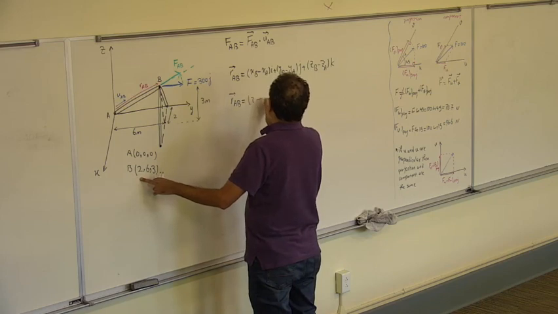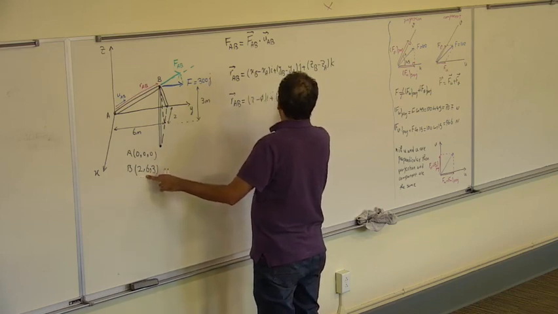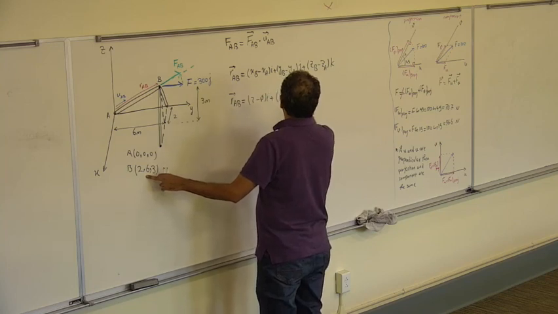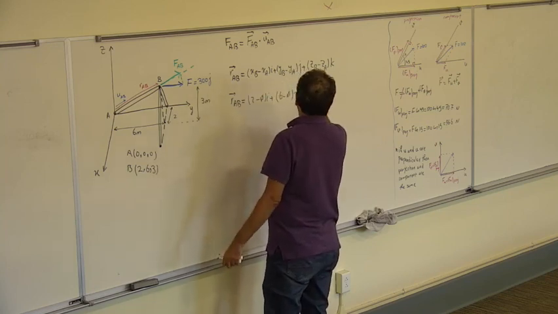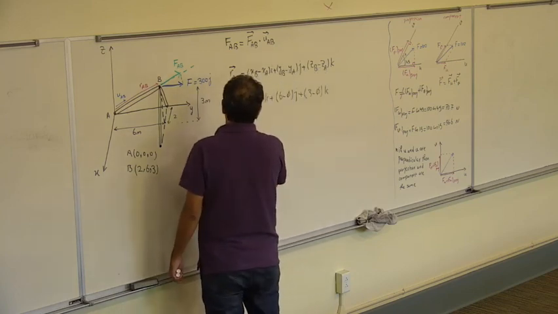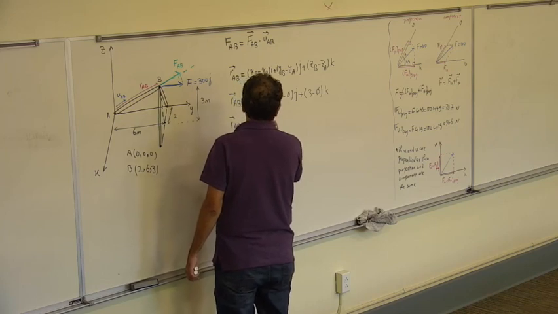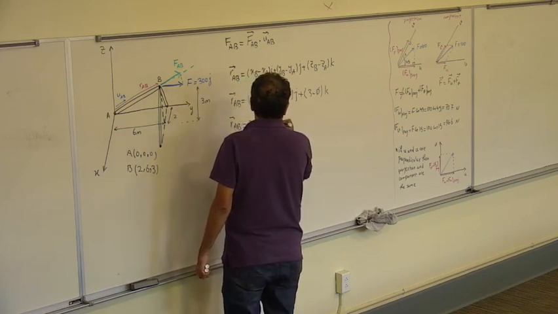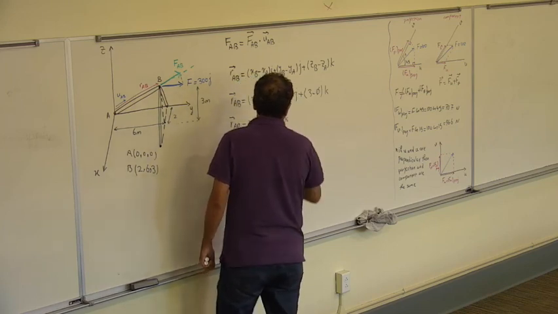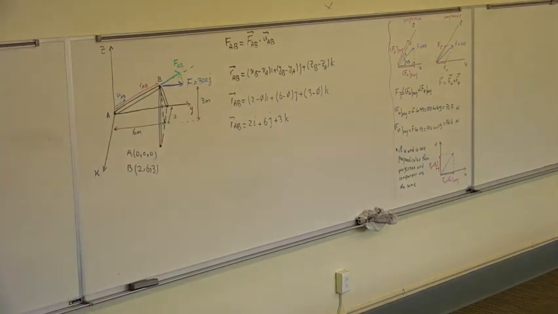So it's going to be 2 minus 0 I plus 6 minus 0 J plus 3 minus 0 K. In other words, the RAB is 2I plus 6J plus 3K.